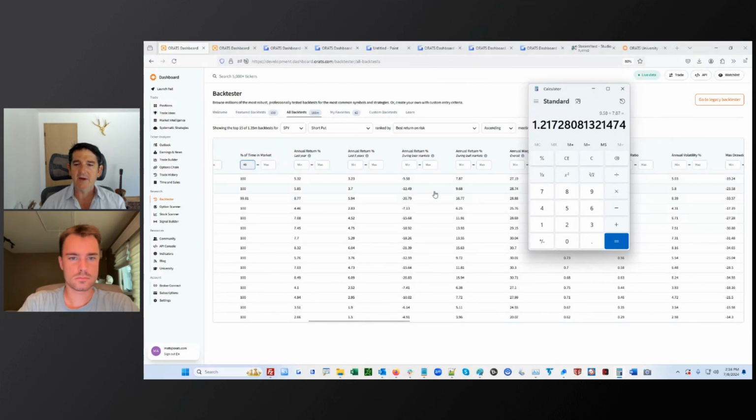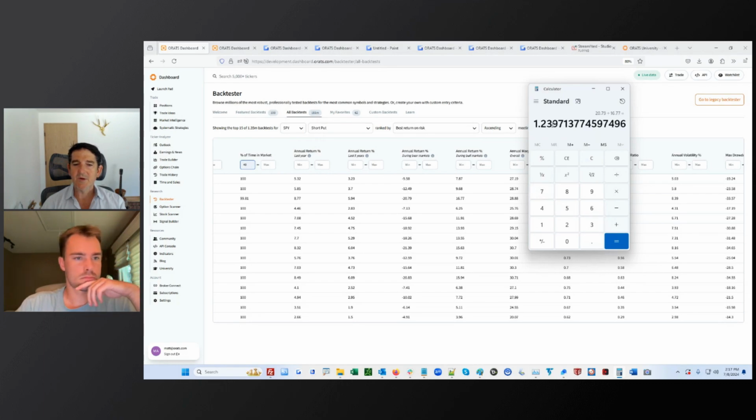So let's look at the next one. It's 12.49 divided by 9.68, and that's 24% worse. Did I do that right? I hope so. I think you did, I think there's just a decimal missing. Decimal there. And then 20.79 divided by 16.77.